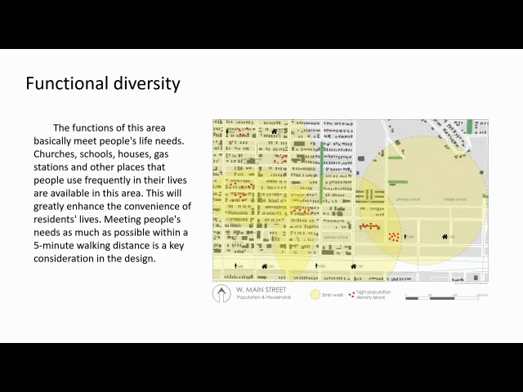So living here is very convenient, because meeting people's needs as much as possible within a 5 minute walking distance is very important for the design, because if they can get to a place quickly and meet their requirements quickly, I think they will feel better, and this will save a lot of time and money. So this is important for people's life.